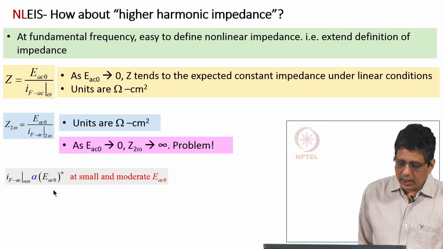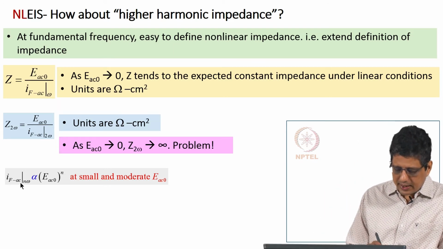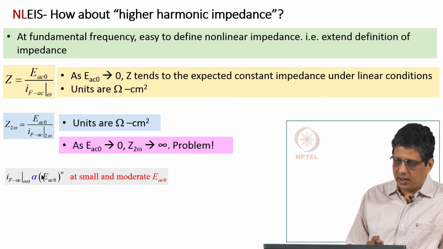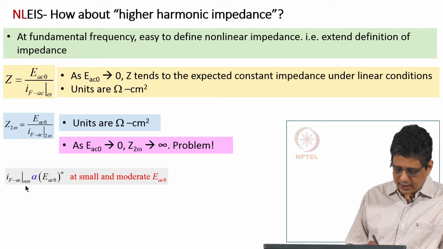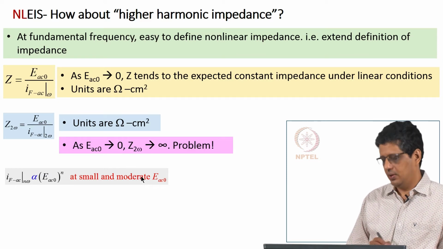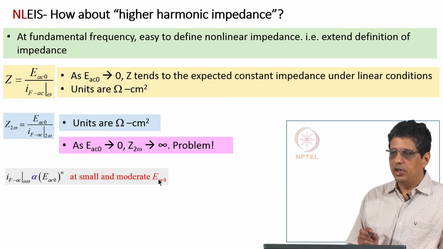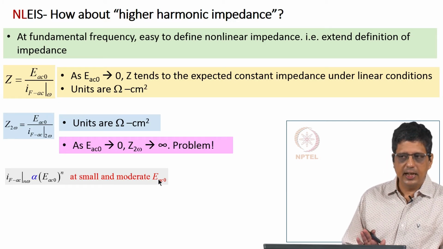However, when you go to higher harmonics, the higher harmonic current I_AC, it need not be I_F, it can be I total or I_F,AC at n omega, second, third, fourth, n is an integer, that is proportional to E_AC,0 power n for small and moderate E_AC,0. When you go to very large E_AC,0, it will not be proportional to this, we will see that again later.